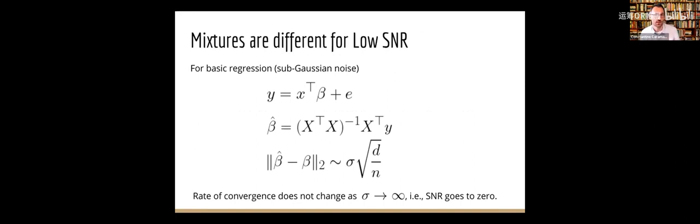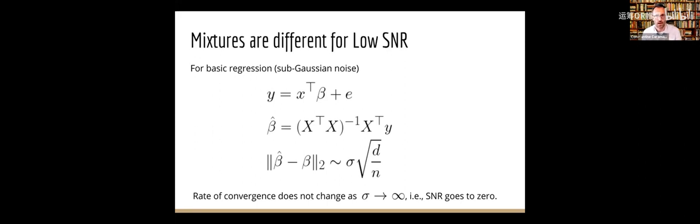And these different statistical results or behaviors emerge even when K is small. So let's look at the simple regression problem here, just to illustrate my point. This is completely standard: imagine a regression problem with Gaussian noise.